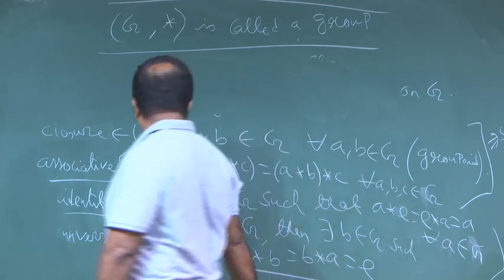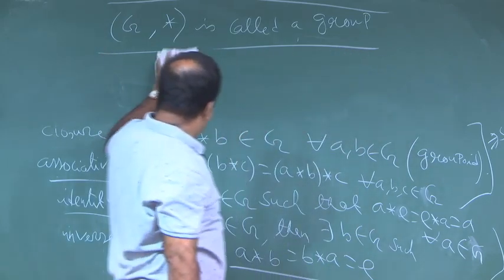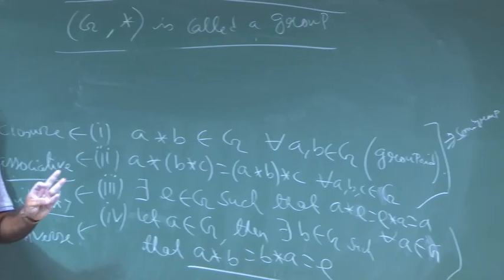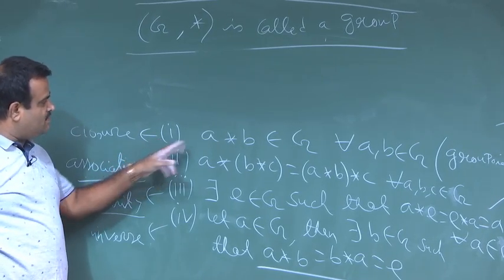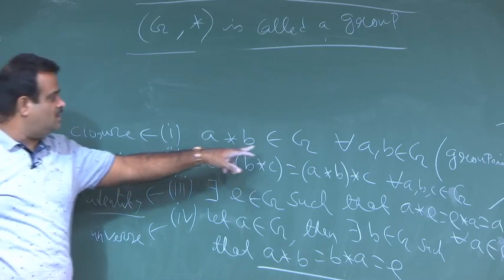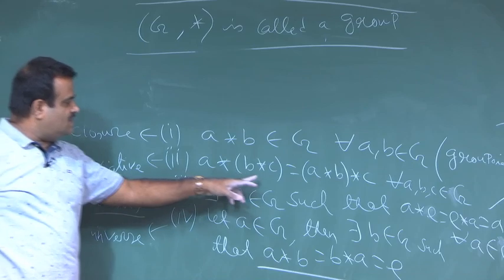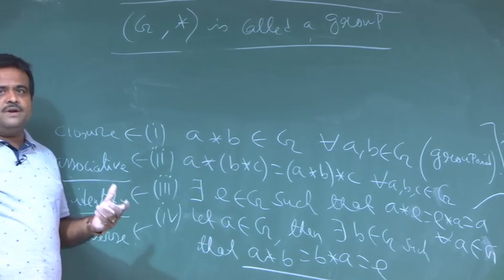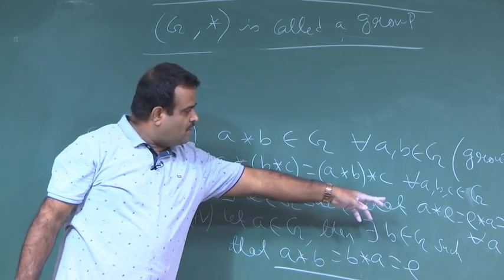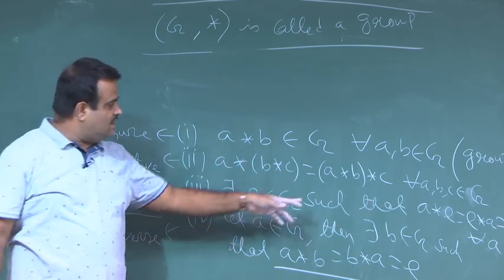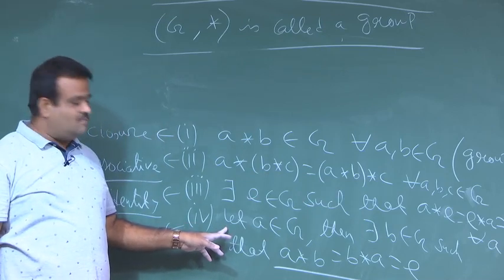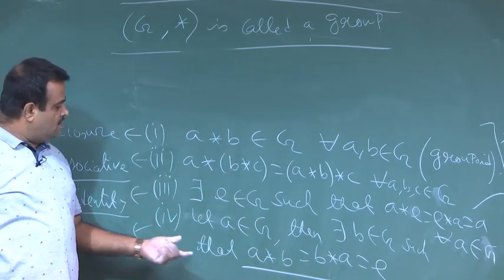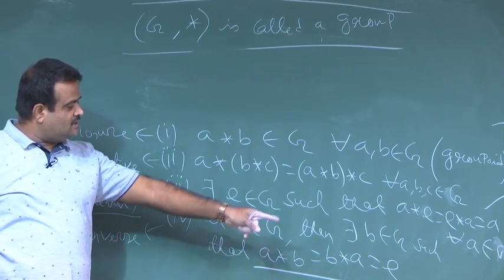Okay. If these 4 properties are satisfied. For a group we just need these 4 properties. Closure: if we take any 2 elements and operate them, the result must belong to G. Associativity: A star B star C is A star B star C. Existence of identity: we must have an element called the identity element, such that operating with any other element gives that element A. And existence of inverse: for every element A, there must exist a corresponding B such that A star B is equal to B star A is equal to the identity element.